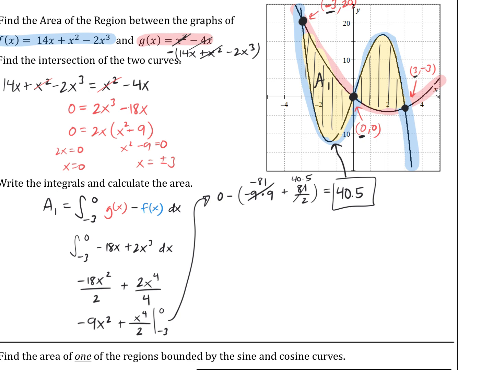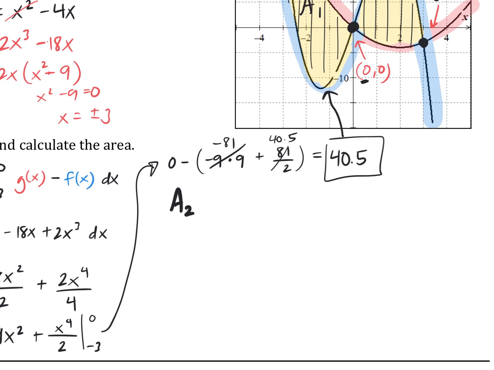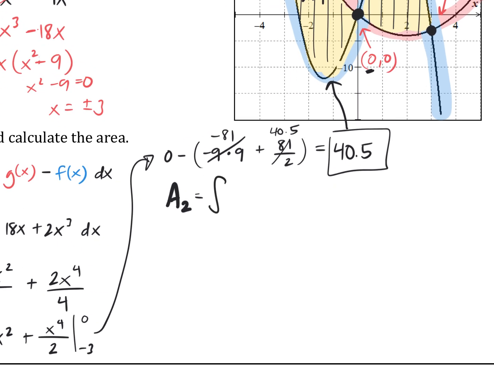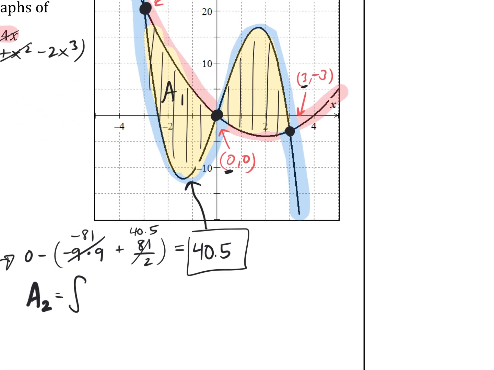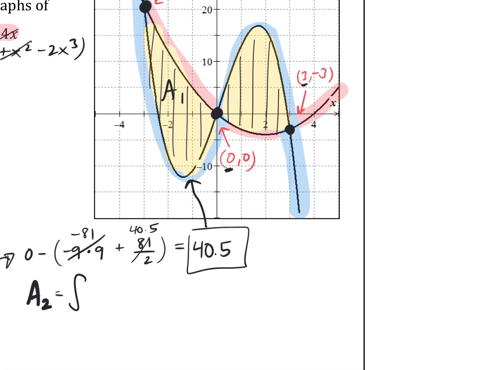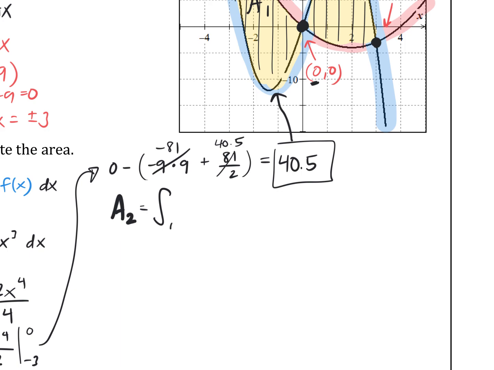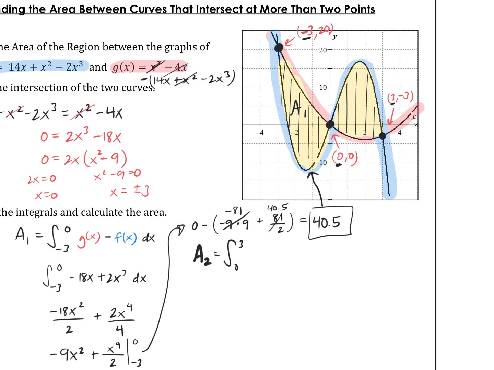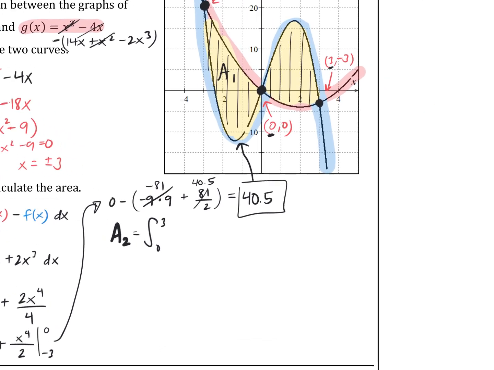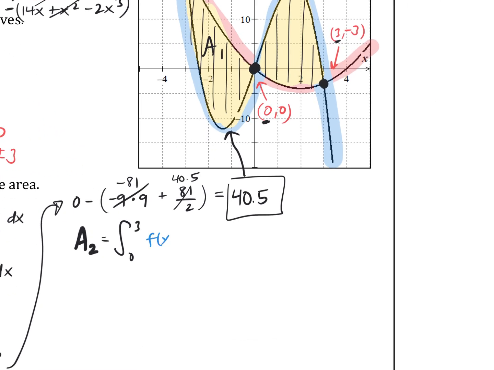So for area 2, we are doing the integral from, well, what are my x values we're going from? We're starting at 0, and we're going all the way over to what? 3. So I'm going from 0 to 3 of my top, which is f of x, which is the blue function. So f of x minus my g of x function.